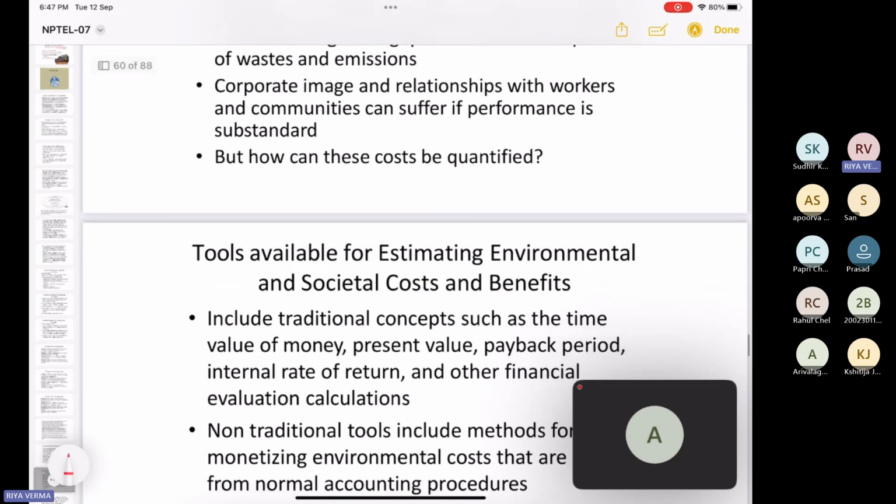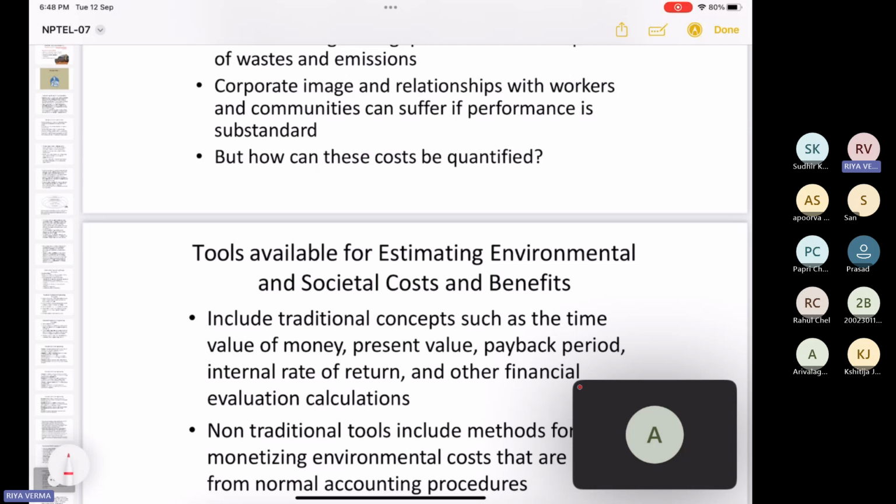So there are some tools that are available for estimating the environmental and societal costs and benefits, apart from the economic costs, because they can be quantified directly. To quantify the environmental and societal costs and the benefits, we have certain tools.